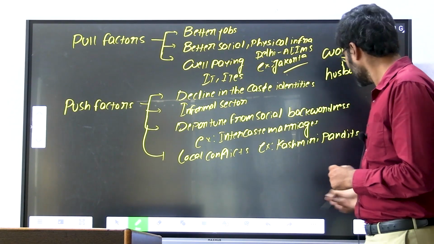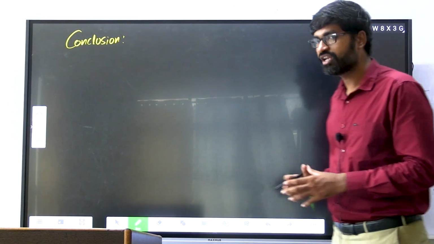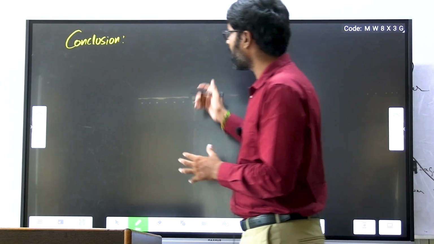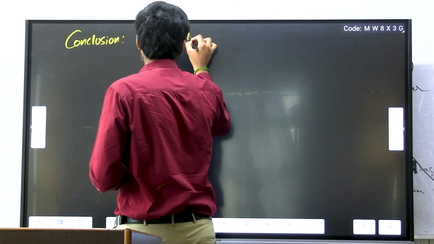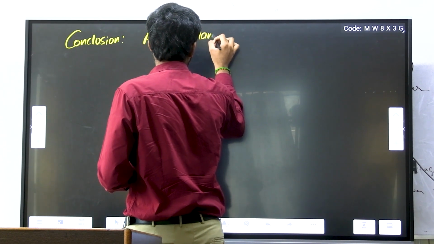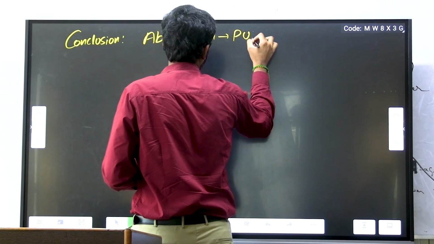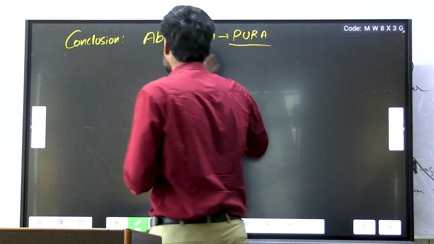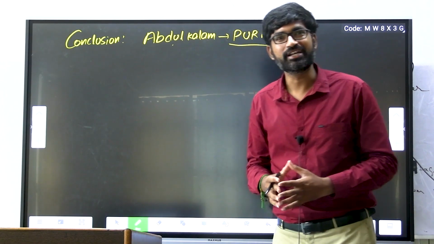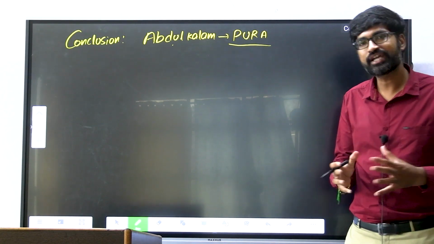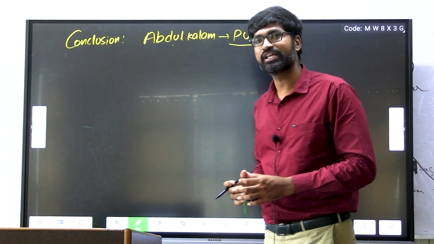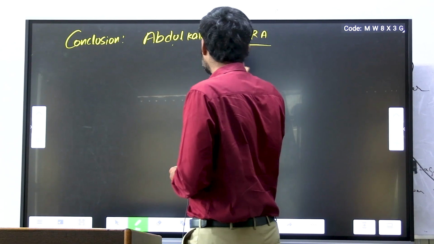Now we need to conclude with the Abdul Kalam idea. We have the Abdul Kalam idea of PURA, providing urban amenities in rural areas. If you try to provide the urban amenities in rural areas, we need to go for sustainable urbanization.